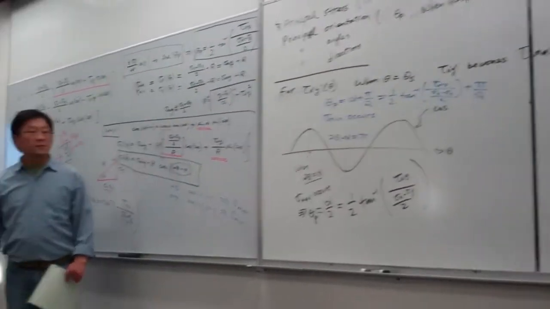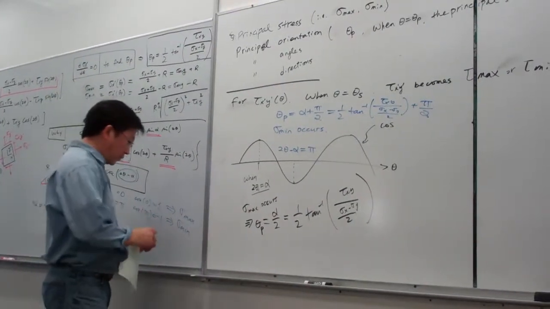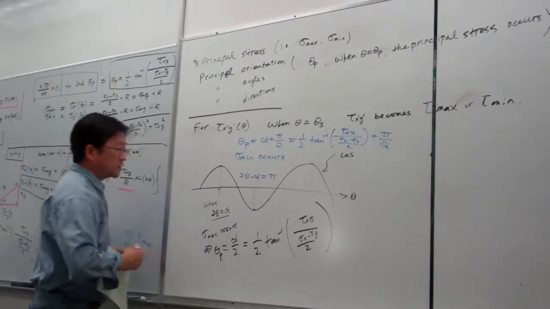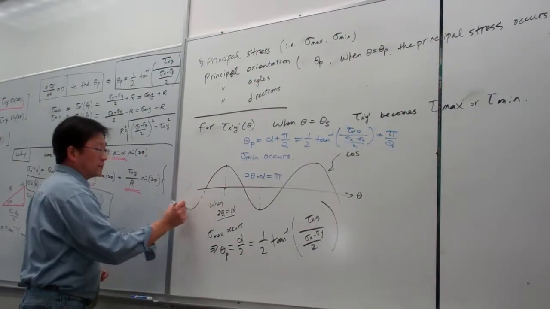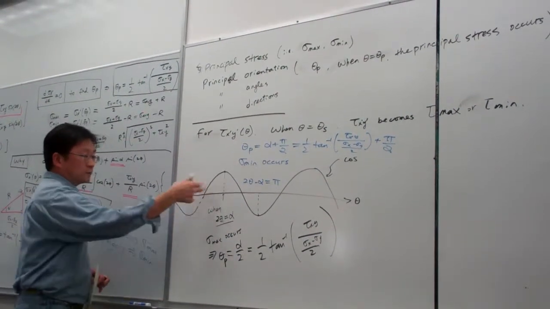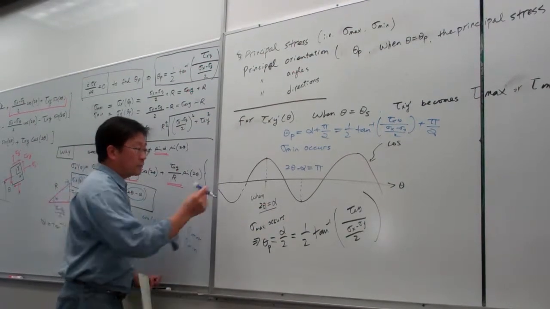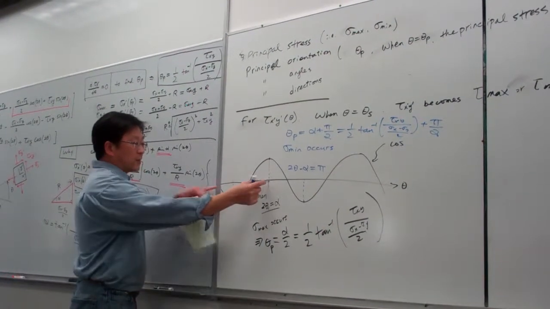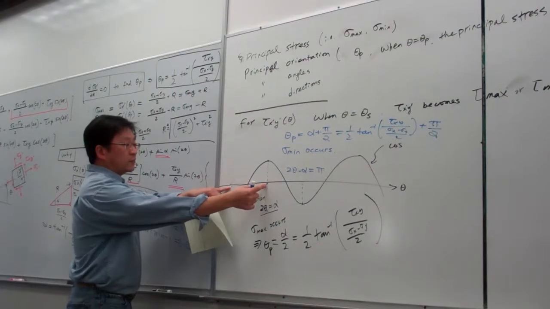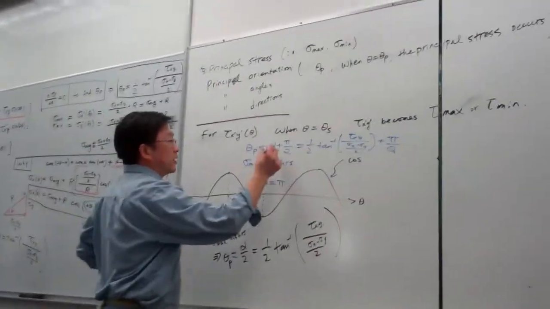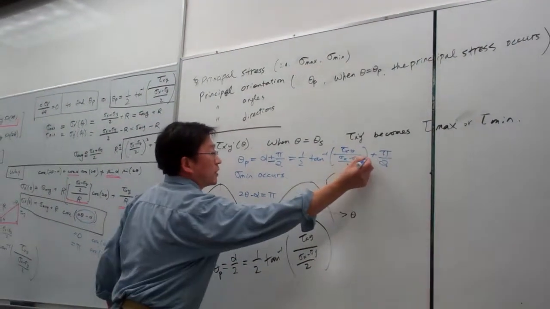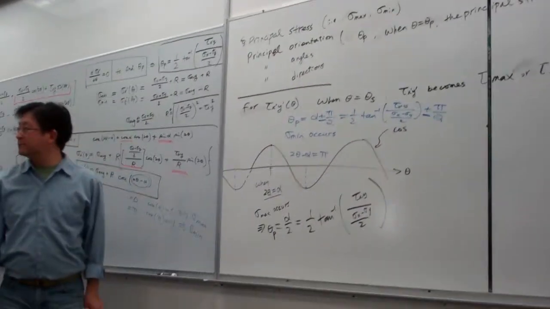Okay. And actually, because the curve is cyclic, the minimum value could also be here. So again, that is the difference minus pi. So to make that general, plus or minus will be good.